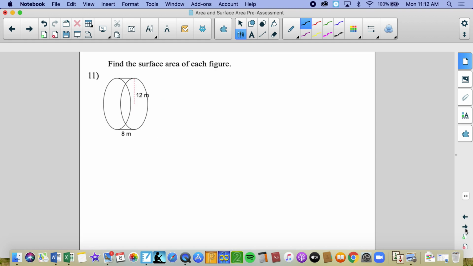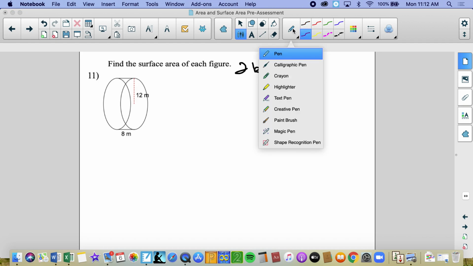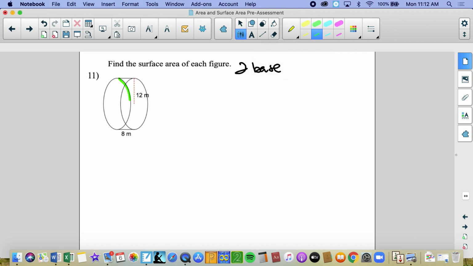Good. Now we have a cylinder. So let's take a little look-see at our cylinder. We have two bases, and let's do the bases. We've got this as one base, and we've got the other circle that is parallel to it as my other base.